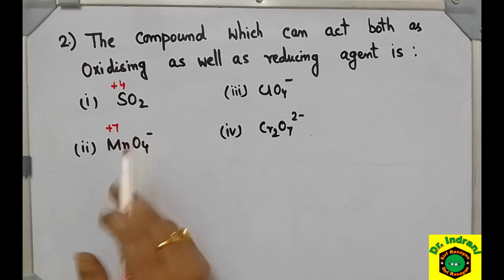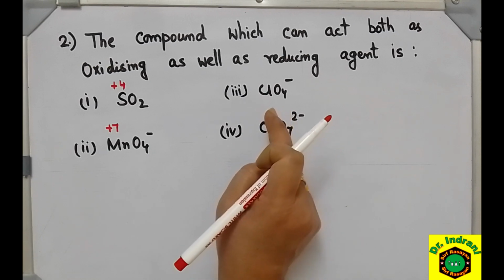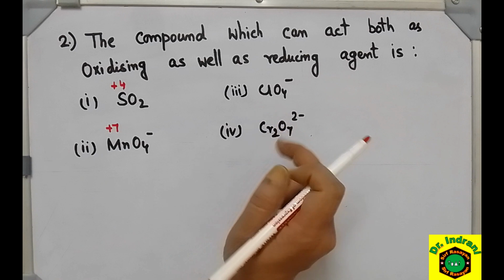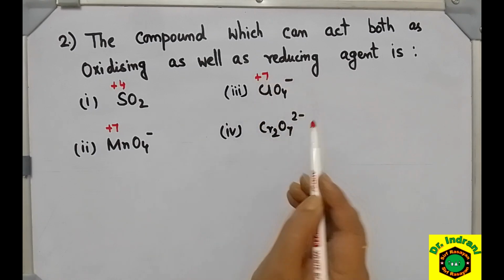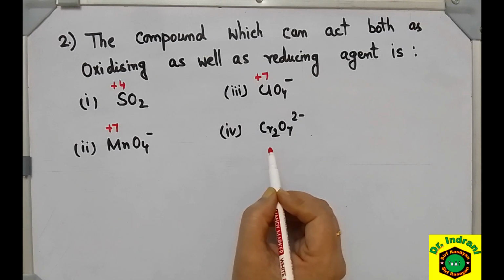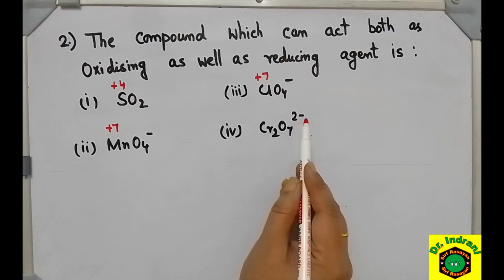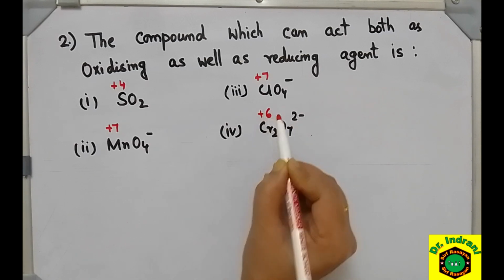From KMnO4 we are getting MnO4 minus. Perchloric acid is HClO4, so perchlorate ion is ClO4 minus. Here oxidation state, if you calculate, it is coming +7. And this is dichromate. Potassium dichromate is K2Cr2O7. This is dichromate ion Cr2O7 2 minus. Each chromium is having oxidation state +6.